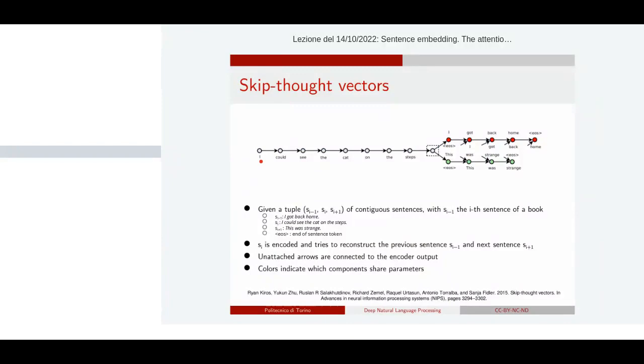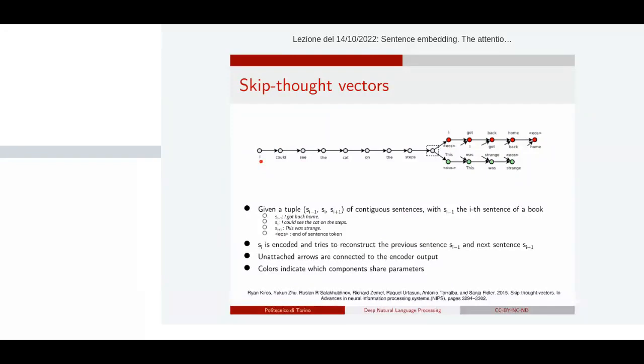How to model the text? So given a tuple of three sentences in a row, which are contiguous, so one after the other, si minus 1, si, si plus 1, you separate the sentences from a technical point of view. You have this token which tells to the network, okay, pay attention, this is a separator. So we need some artificial way to separate sentences reflecting our tokenization.